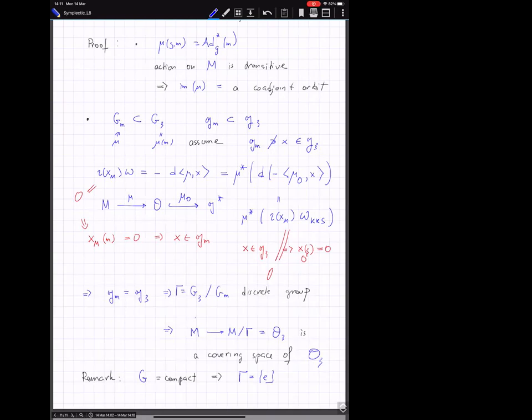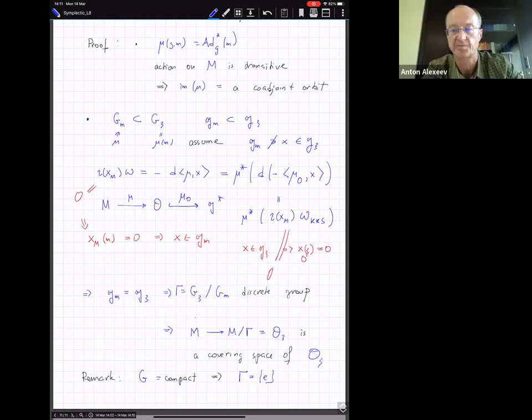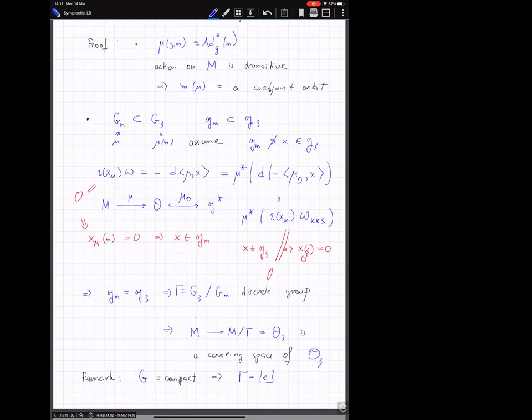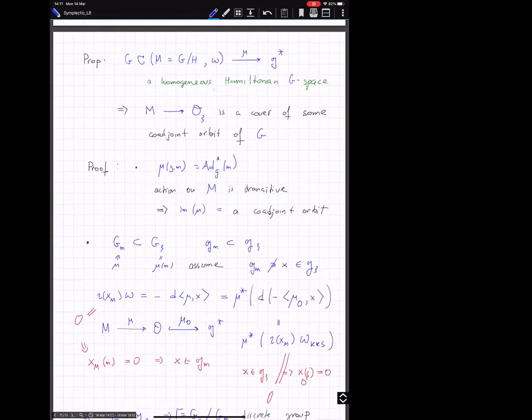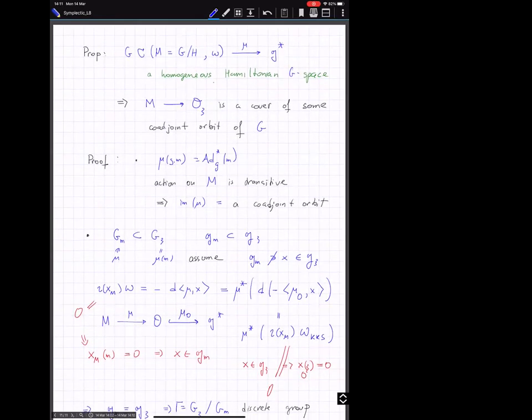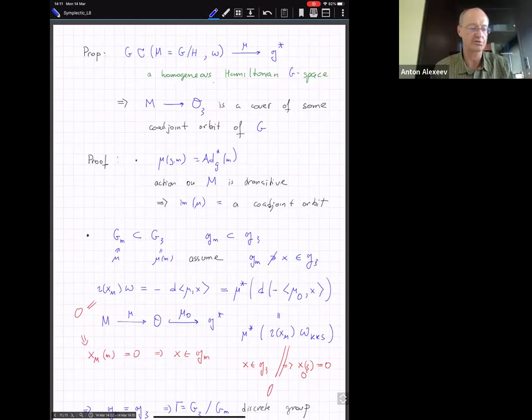I have a question. Sure, go ahead. In the last theorem, the form omega on the homogeneous space, is this some kind of a specific form? Oh, we just ask it to be a Hamiltonian G-space. Of course, when we know the statement, now we know what it is.